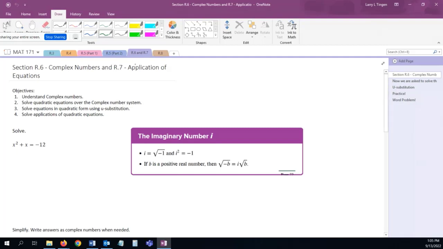What number, if I square it, gives me 1? Well, obviously 1 works. And negative 1 works as well, doesn't it? Yeah, that works too.